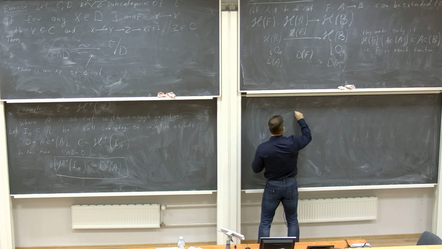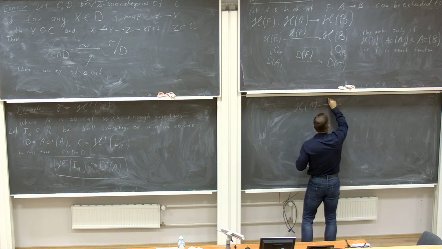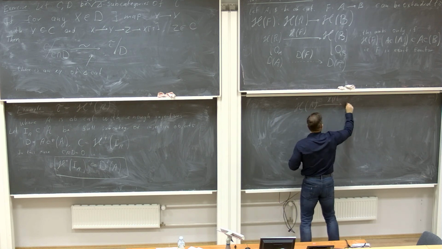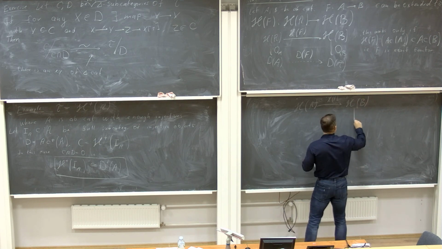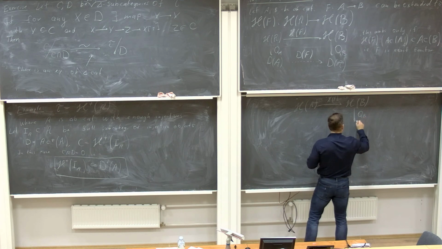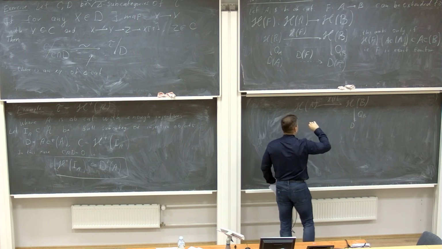Let's take the homotopic category of A, mapping to the homotopic category of B. Here we have the localization. Now let's restrict everything to the plus situation.